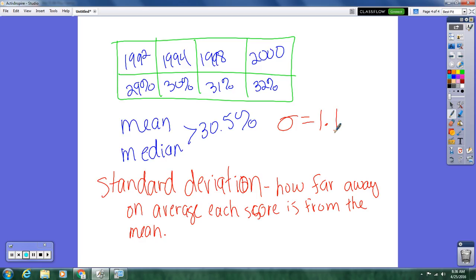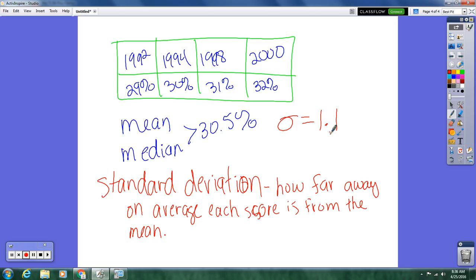So the mean is here, 30.5. So if I add 1.1 to that, it puts me at 31.6. If I subtract 1.1, it puts me below this, or right at it. It'll make a little bit more sense when we start doing the normal curve tomorrow.